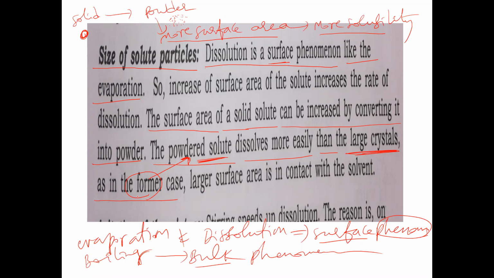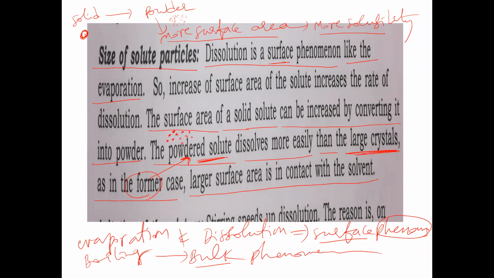So, as in the former case, a larger surface area is in contact with the solvent. In the former case, the powder, there are many particles, and the total surface area of all the particles is in contact with water, the solvent. That's why it is more easily soluble.